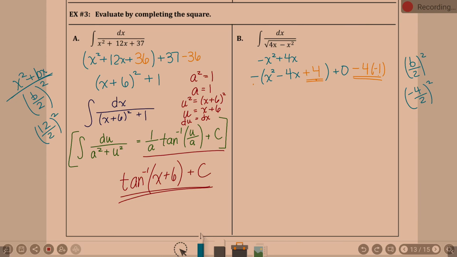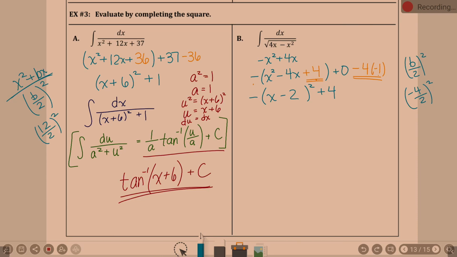Now, the idea here. There's a negative here. What's this factor into? x minus 2, quantity squared, and then plus 4. Okay.